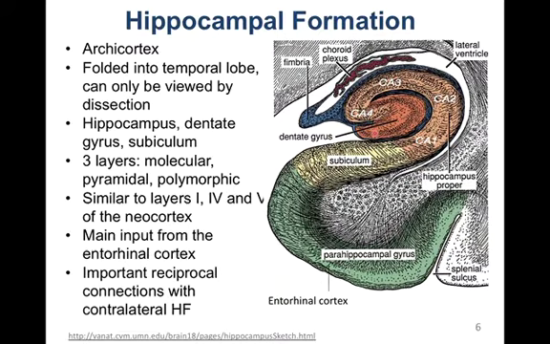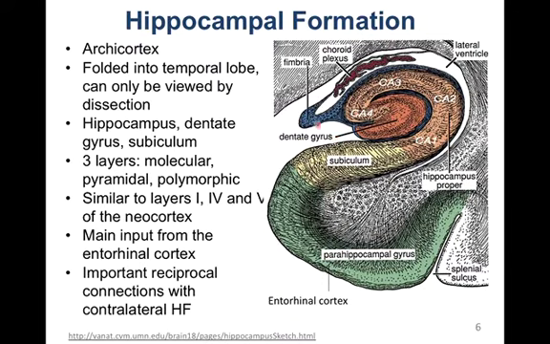The hippocampus proper, where the hippocampus proper is subdivided into CA1, CA2, CA3, CA4, and we've looked at some of this circuitry previously. The hippocampal formation also contains the subiculum, and it contains the dentate gyrus.